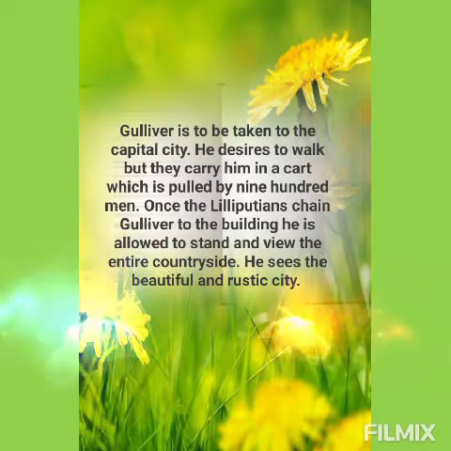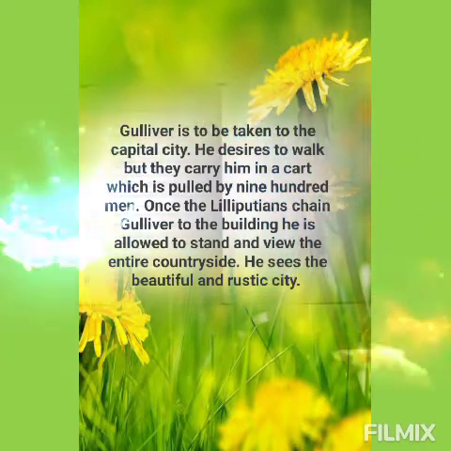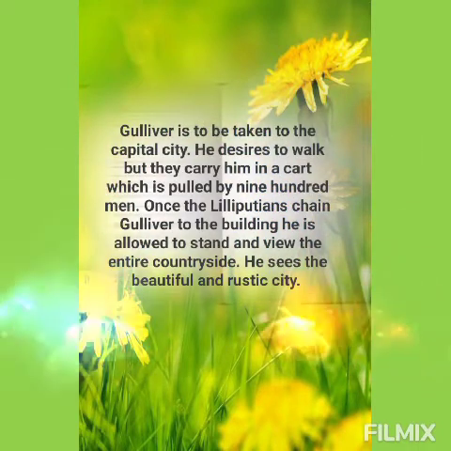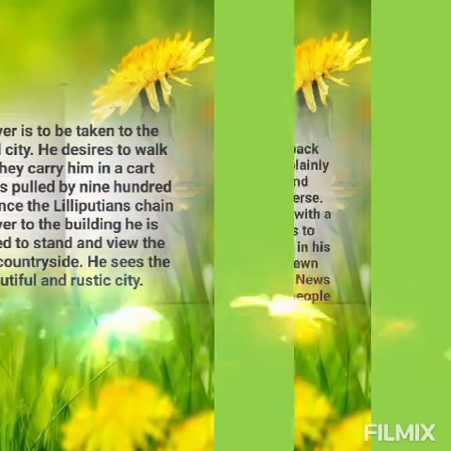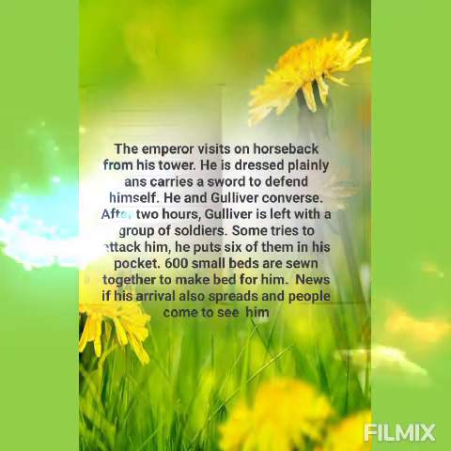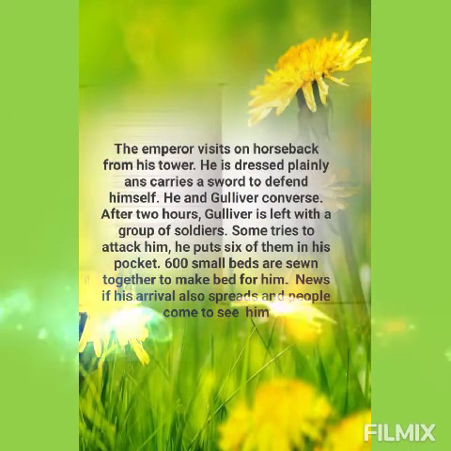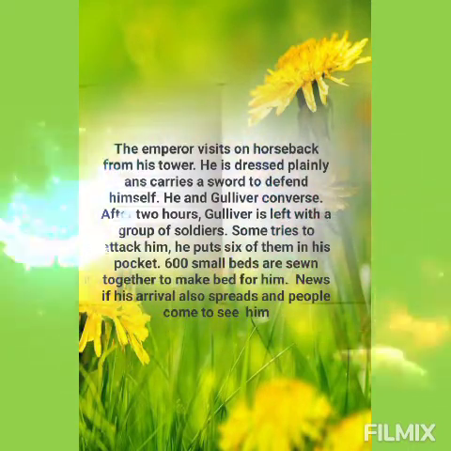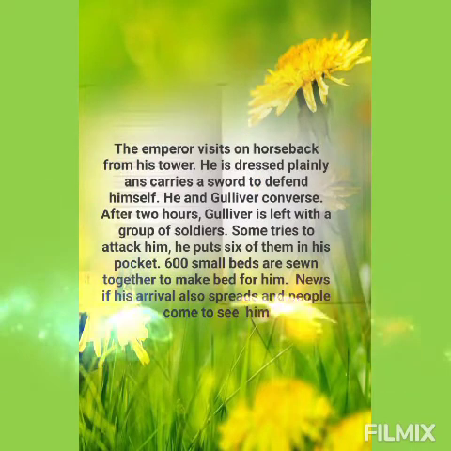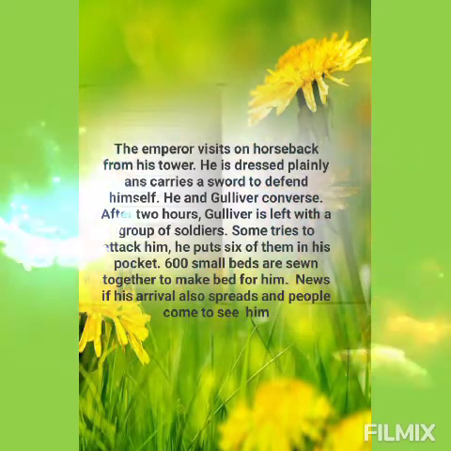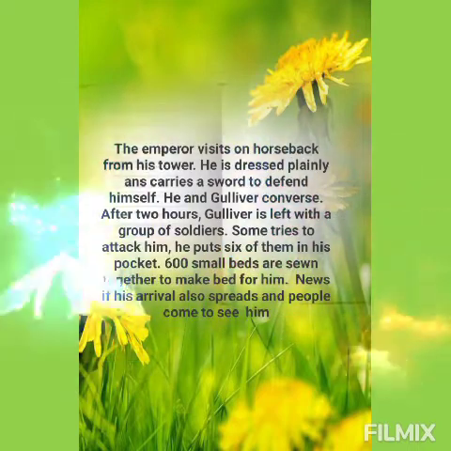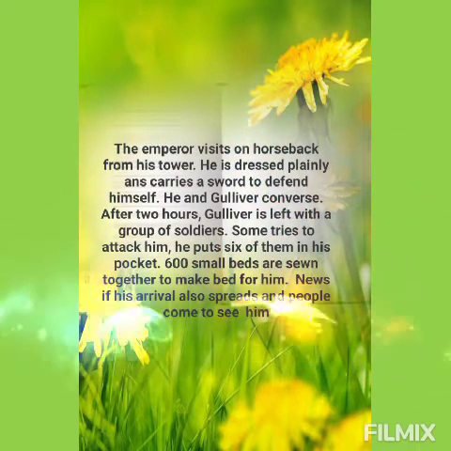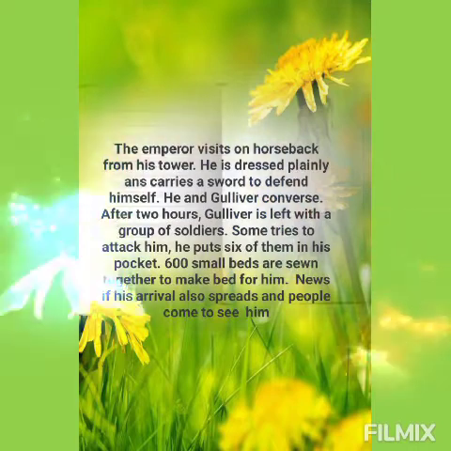He sees the beautiful and rustic city and is wonderstruck by it. The emperor visits on horseback from his tower. He is dressed plainly and carries a sword to defend himself. He and Gulliver converse.